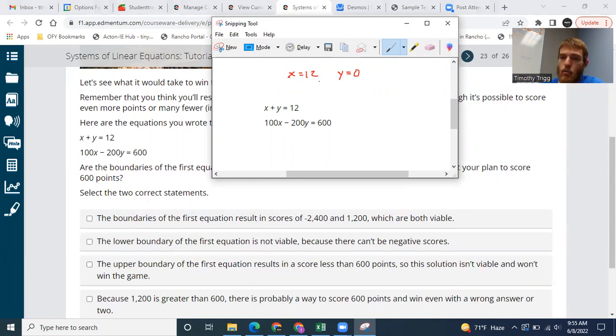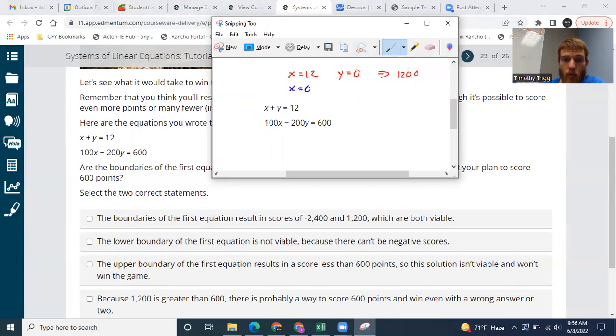Well, in this case, what would be your score? Well, to calculate your score, you would do 100 times 12, right? Because you get 100 points for each correct answer. So in this scenario, your score would be 1,200.